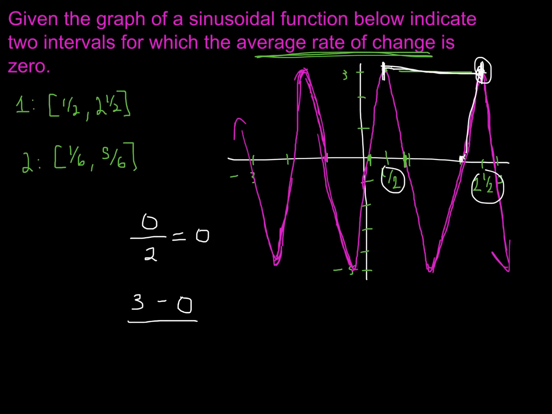And that occurred, we could say, maybe over a half or 0.5 of an x value, right? I'm going from here and then up to here. That happened over about a half. And so what I would end up with is 3 divided by a half, which is of course 6. So the slope of the line between here and here has a slope of 6. Okay? Just a little review.